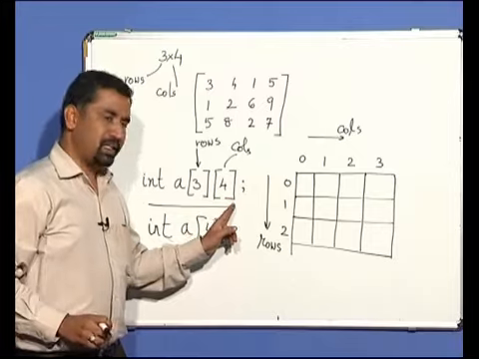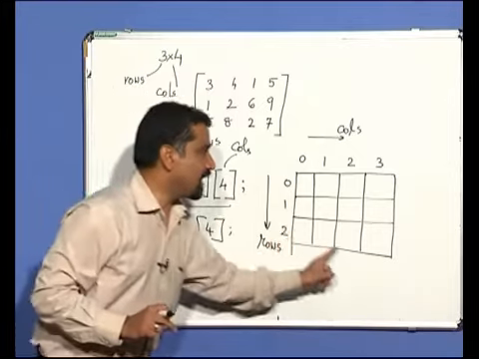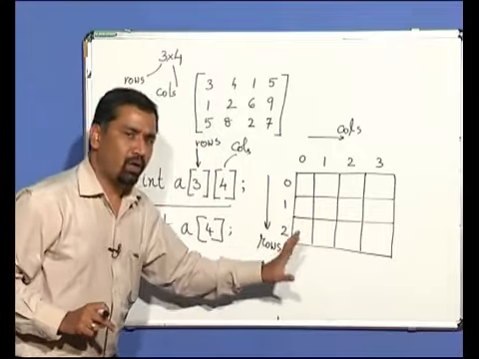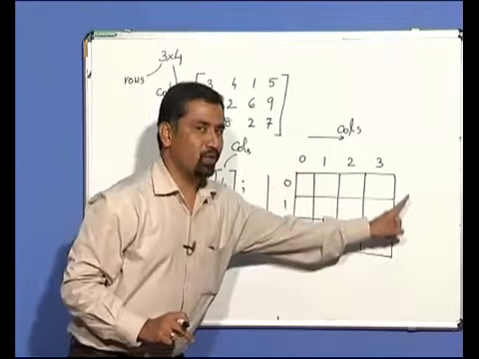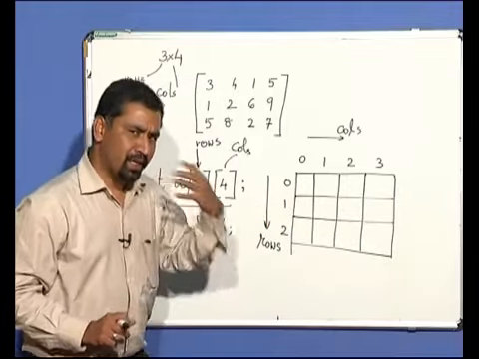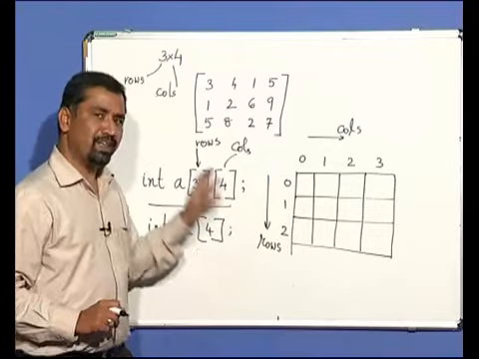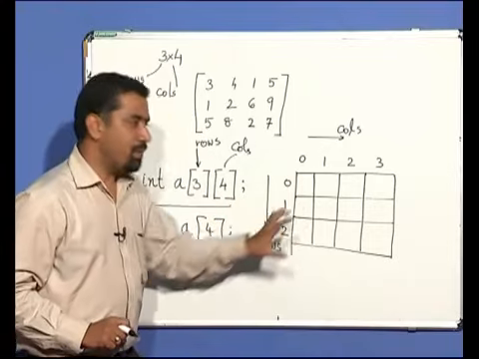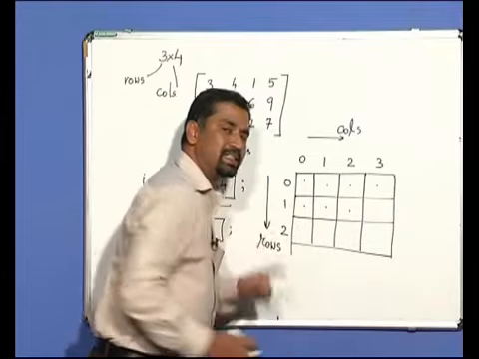If this kind of declaration is made in your program, you can visualize that this kind of memory is going to be allotted. This is just for visualization. Actually inside the computer it is not going to be like this, but for the purpose of our understanding, let us think that this kind of declaration will result in this kind of memory allocation where each box can store a single integer.